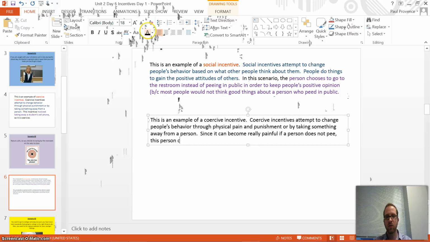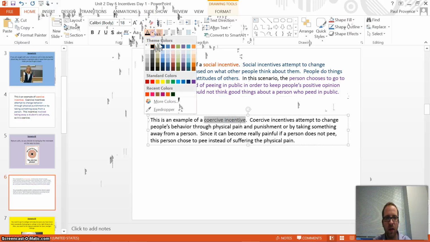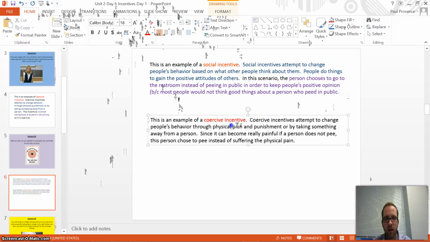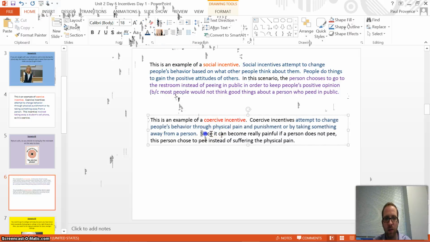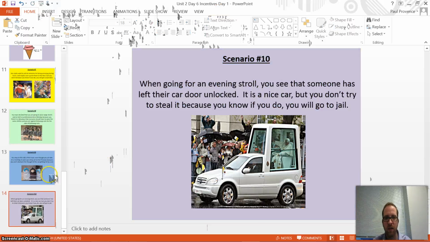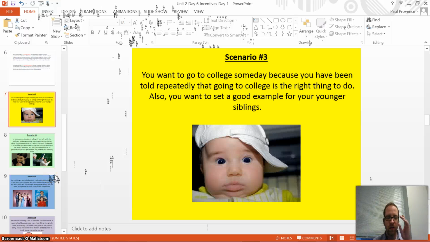This person chose to pee instead of suffering the physical pain. Okay, so coercive incentive again is in red, the definition of coercive incentive in blue, and the because, the explanation, in purple. All right, and we're going to do one more. There are actually 10, so I'm going to do one more, and then you'll do the rest on your own.